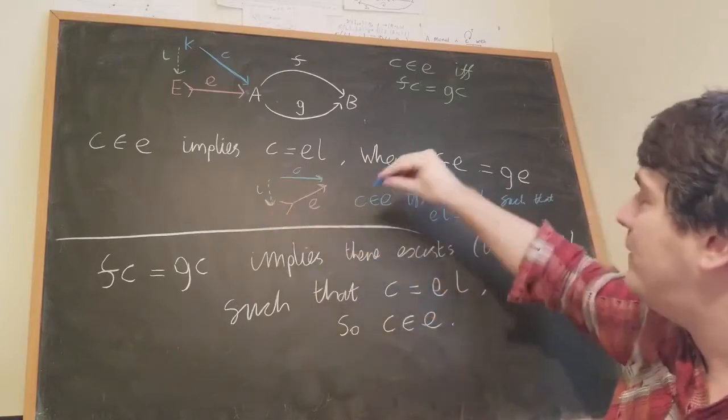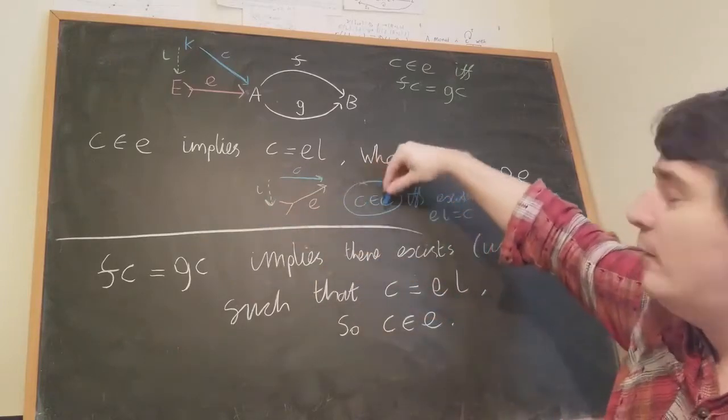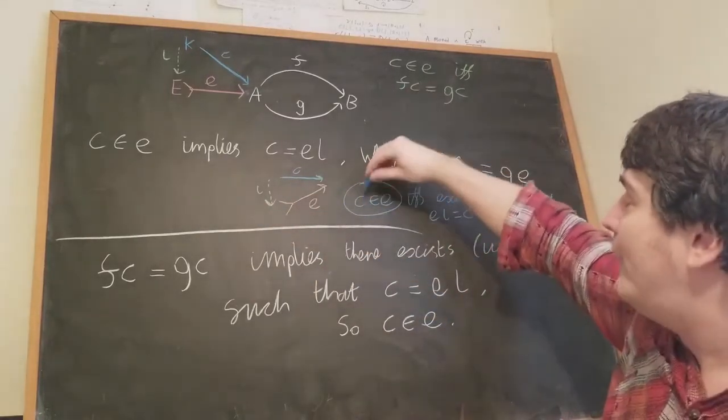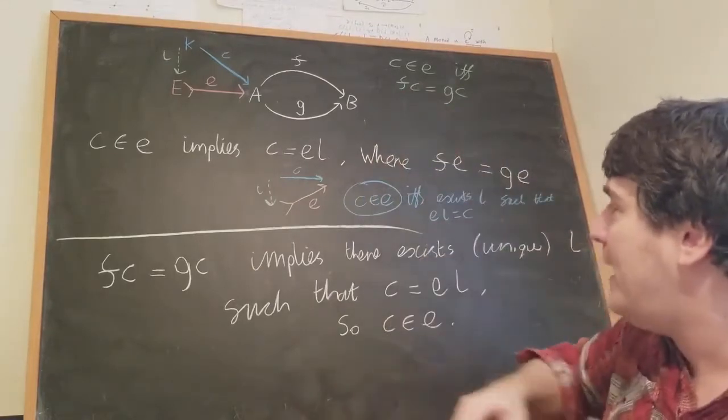Okay, that's just the definition of what it means for an arrow to be in a monic.